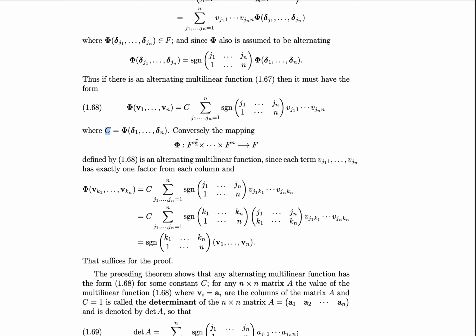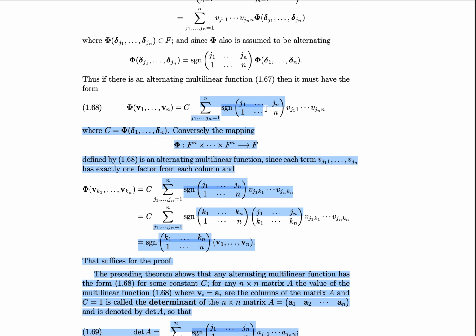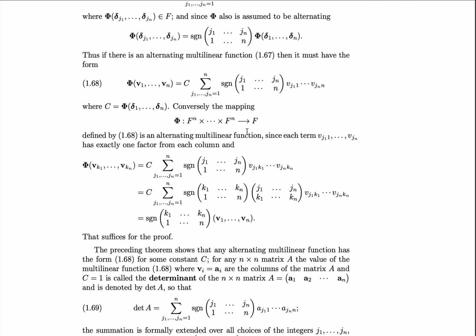Conversely, if we have a mapping defined in this way, that phi of v_1 up to v_n is defined as this entire term, we'll see that it's an alternating multilinear function. Each term v_{j1,1} up to v_{jn,n} has exactly one factor from each column, and phi of v_1 up to v_k is equal to c times this sign term times each of these.